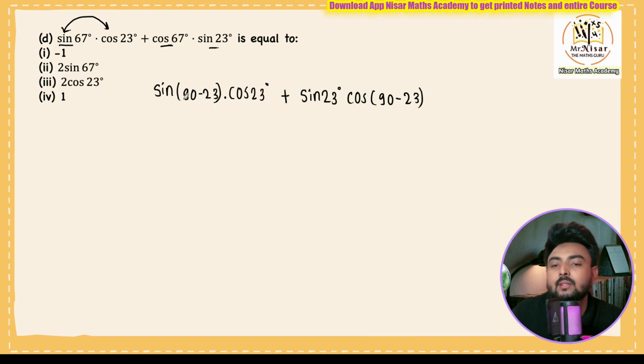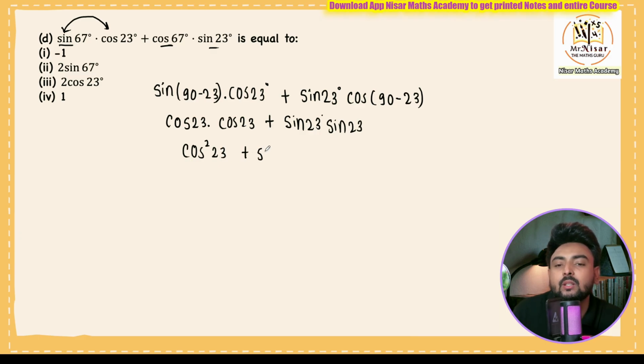So if I solve it, sin 90 minus 23, complementary is cos, so it's cos 23, and here also we have cos 23. And next you see here sin 23 cos 90 minus theta, it becomes sin theta, that is complementary angle, and that theta here is 23. So can I say it is cos square 23, and here we have sin square 23.